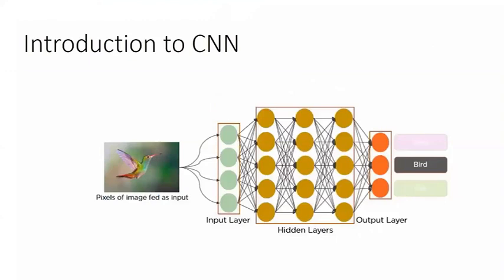CNN is the name of an algorithm. Don't worry about the name. Convolutional neural network is the name somebody has given. Actually, it is a very old theory.